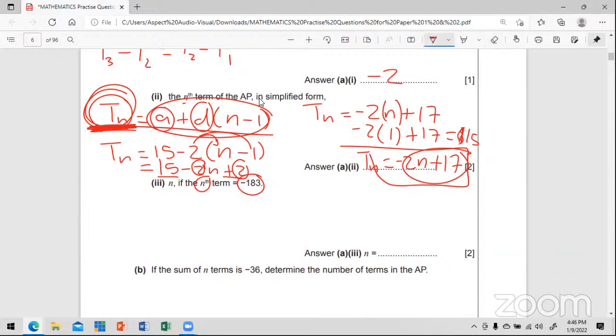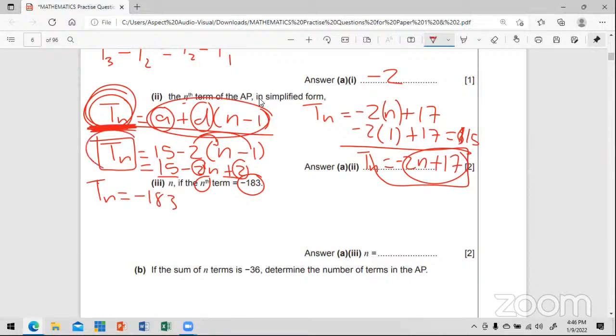All right, so they are saying find n if the nth term is basically there. If you see this question in the exam, it means you are going to equate. Now this is Cn, but they have given you that the nth term, the whole of this Cn is equal to -183. It's provided to you.